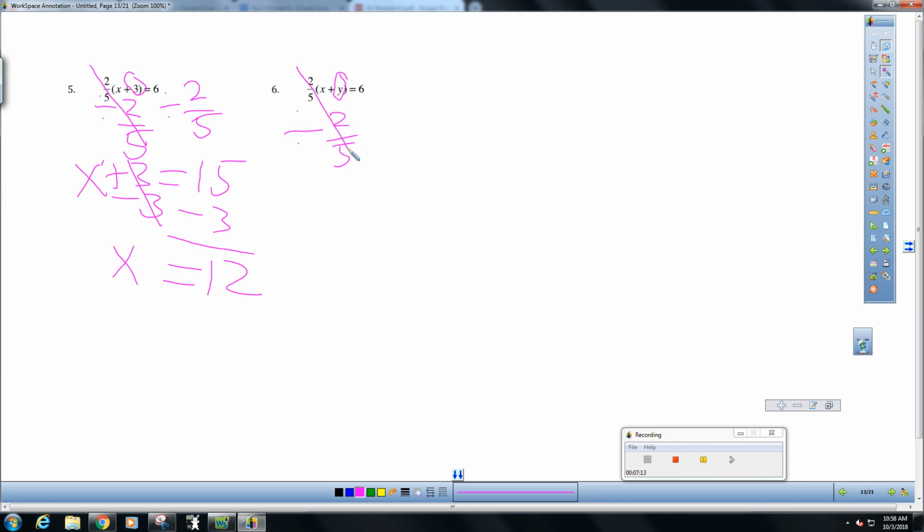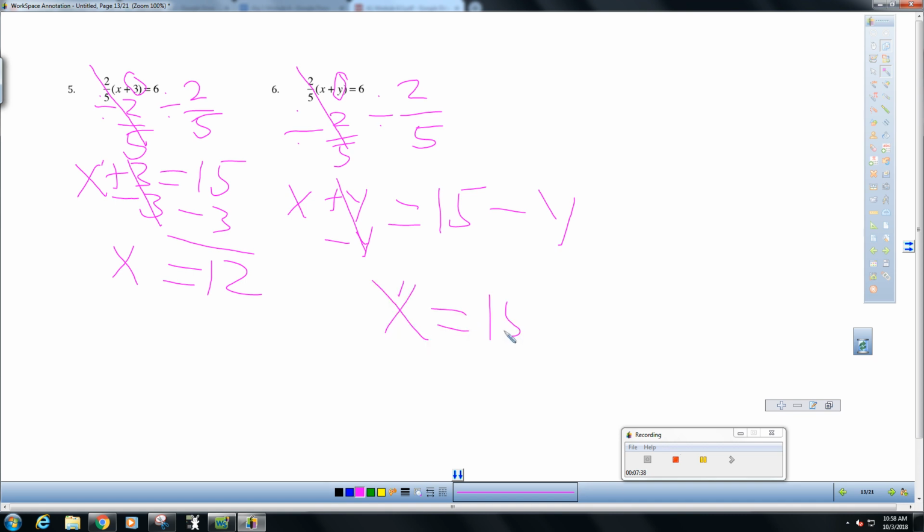Boom, they cancel. 6 divided by 2/5 equals 15. x plus y equals 15. So we subtract y so we can get x by itself, and we get x equals 15 minus y.